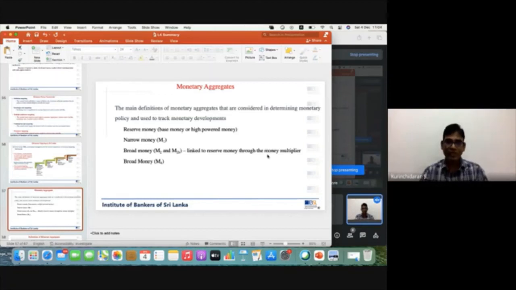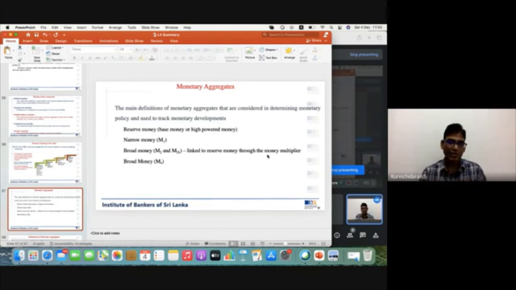So a monetary aggregate, you put different monetary items together and give it a name. Why are we doing so? Because the market or economic system is different among countries all around the world, so every country needs a different combination.